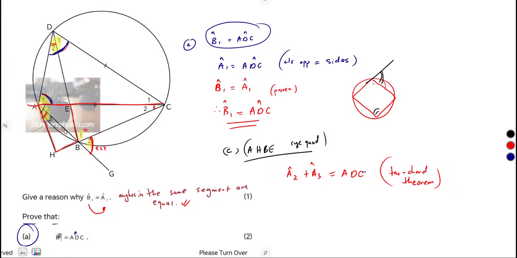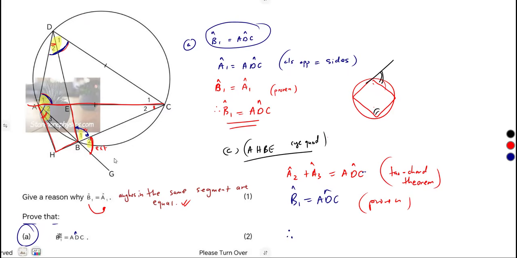Focusing with angle A, the exterior angle must be angle B1. Is there a case that angle B1 is equal to A2 plus A3? Yes, because we proved before that angle B1 is equal to angle ADC. It's already proven.